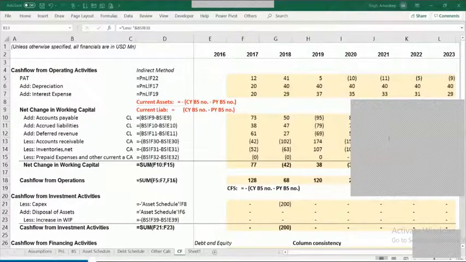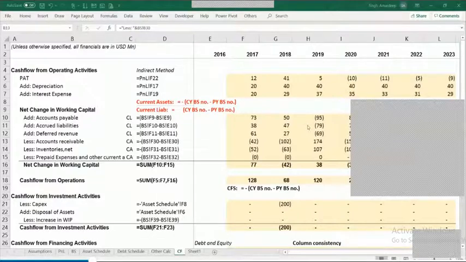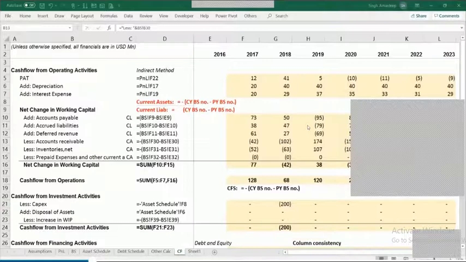Right now, it has meant a cash outflow, so it could be reflected here in this block. To put everything in simple terms, we start with PAT. This is how we put the presentation properly. Then whatever items you see in the working capital component, take the changes in those items here.